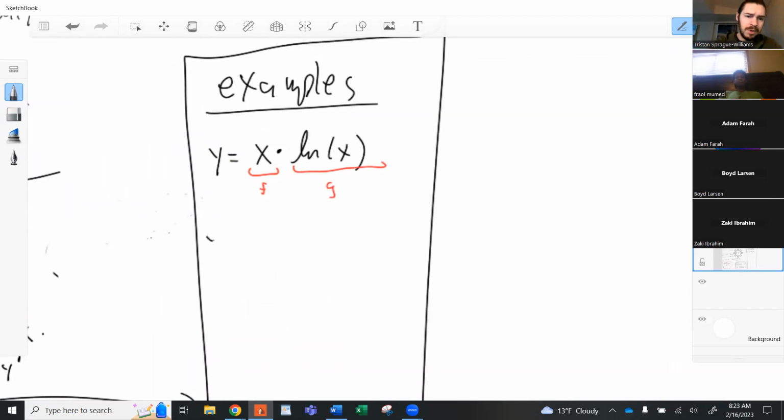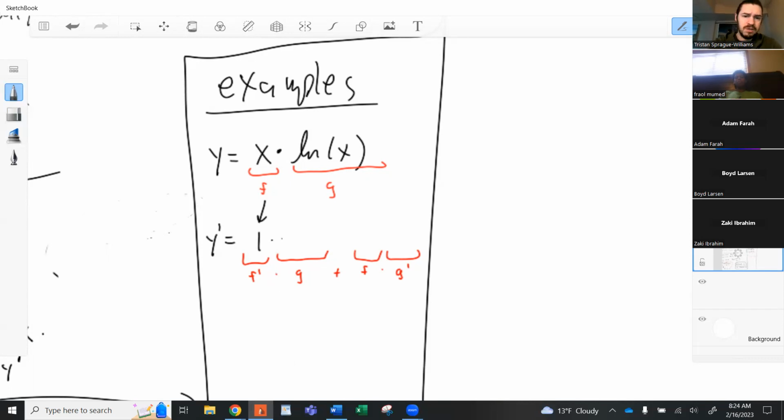Well, if we want to find y prime, all we have to do is a little product rule. F prime times g plus f times g prime. Does that look familiar? We got that memorized. So we should be able to do this. F prime here is going to be just 1, right?